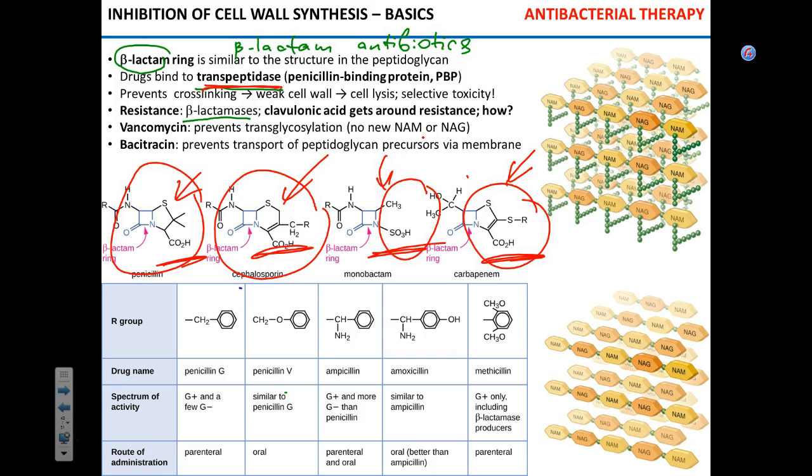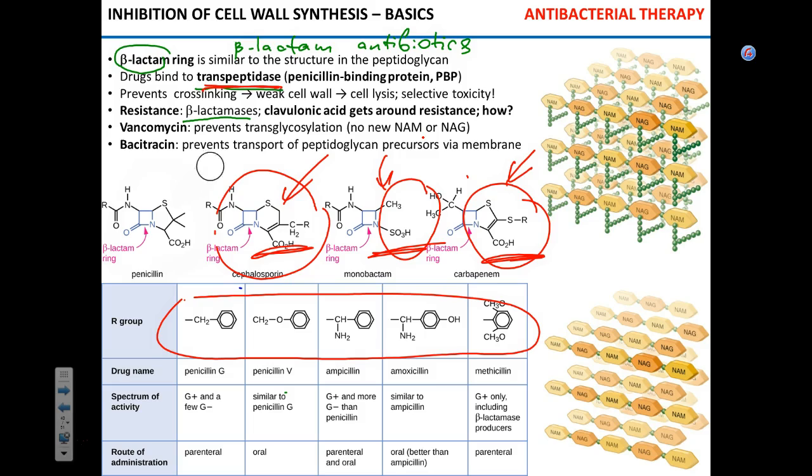Changing those side chains, you can see the same situation in this table. So this table refers to different types of penicillins. You can see that penicillins have this part that is common for all penicillins, and an R part that's different. Those are different R's for different types of penicillins, starting from penicillin G and finishing with methicillin.